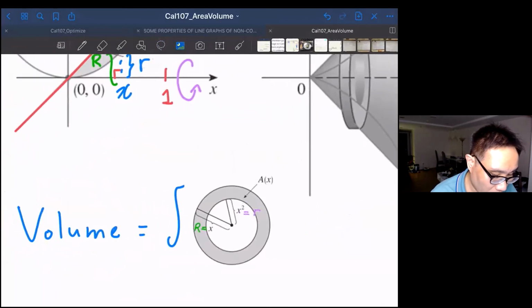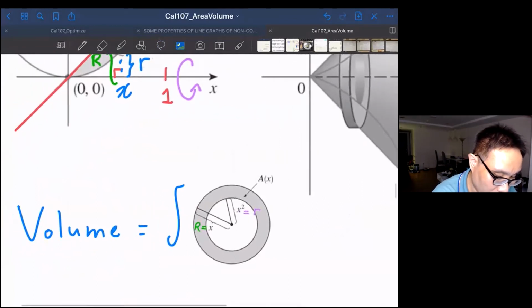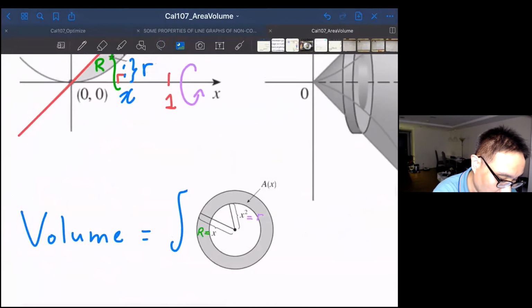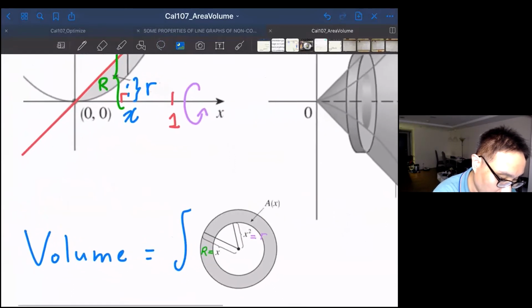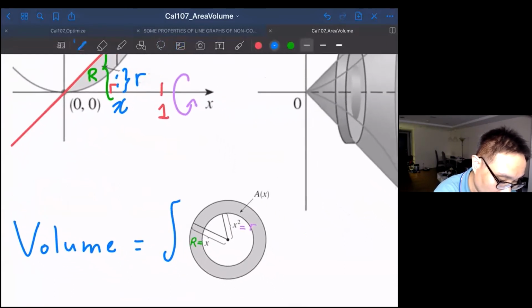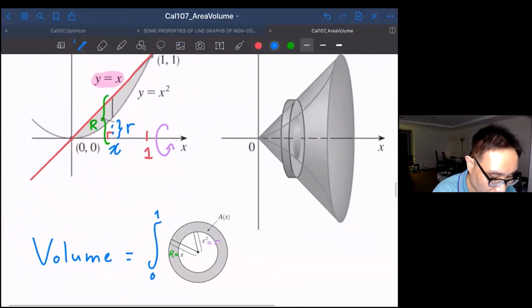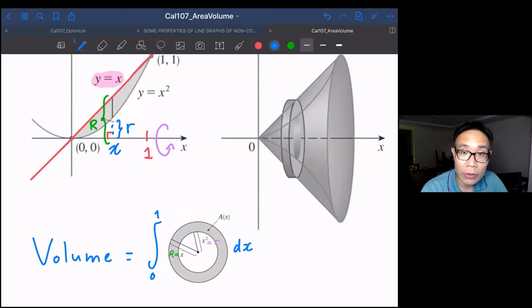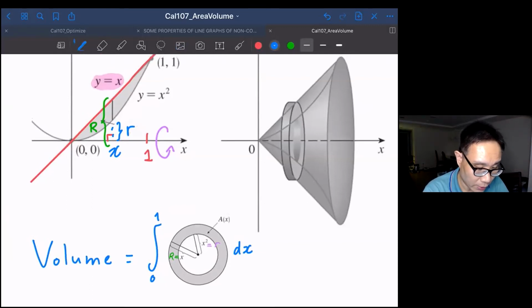From the picture, it's going to be the integral from 0 to 1, dx.